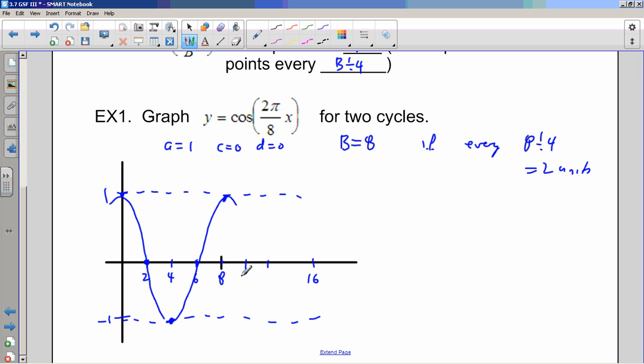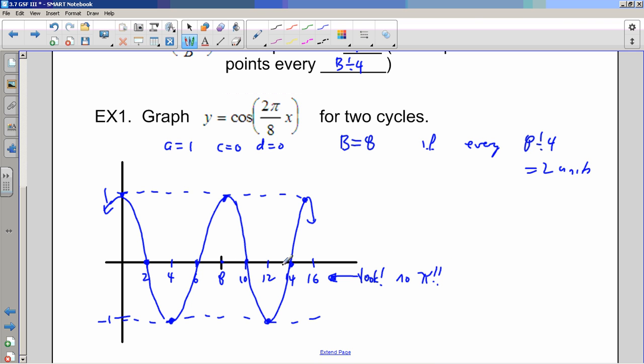Right? 10, 12, 14, and 16. Every 2 units. B divided by 4, I get the important points in this non-pi or horizontal axis. There's no pi's along this, and that actually lends itself to the applications pretty easily.